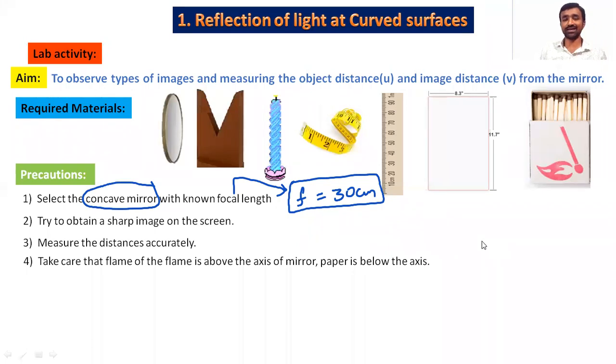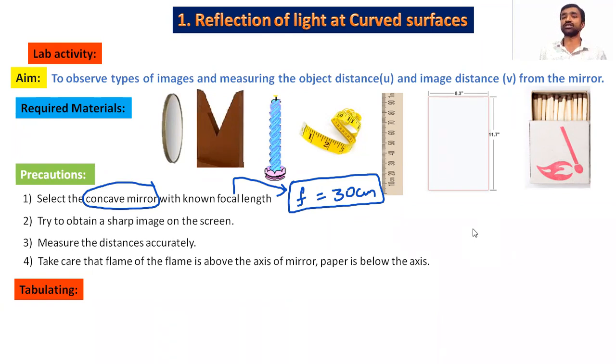Before going to the procedure, I'll give you the next items: observations, and then conclusion or generalization or result. What you observe here, we will write in the table. What do we have to observe actually? Position of the object, where you are placing the object in front of the mirror.